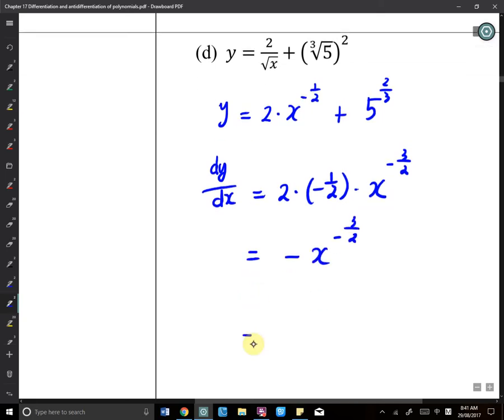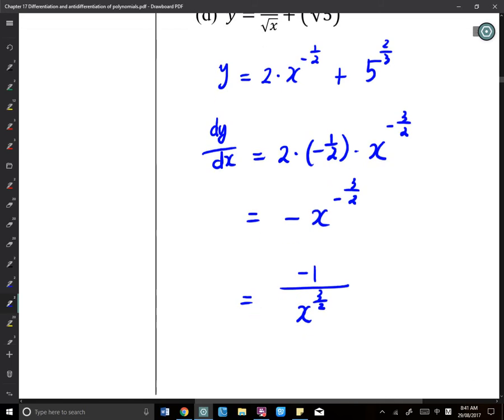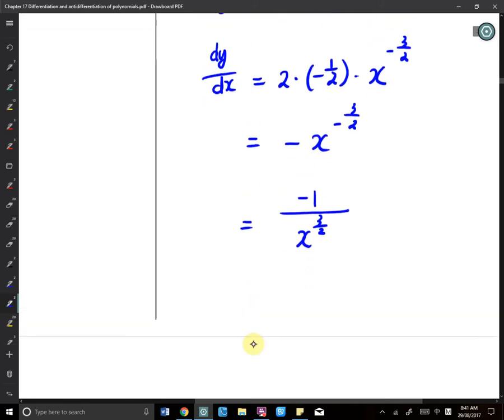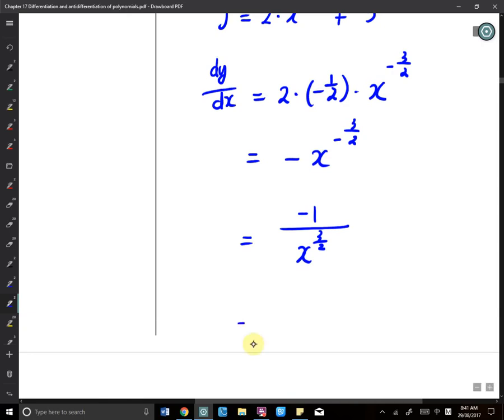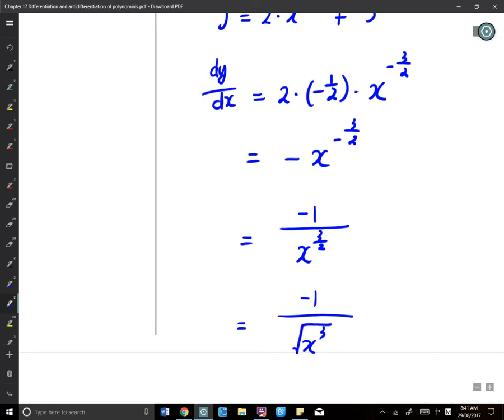If you want to put in positive indices, that's negative 1 over x to the power of 3 on 2. You can put it in this form as well. If you want to go even further, you can say that's x to the power of 3 and then take the square root, or you take the square root first and then to the power of 3.